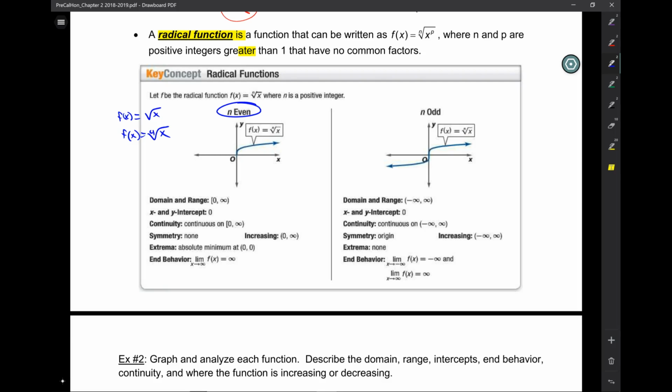Can it be 0? Yeah, it could be 0, but it can't be negative. That's why the domain is 0 to positive infinity, and so is the range. But if you have an odd root, cube root of x, fifth root of x, then you can have negatives, positives, and 0 in there. So the domain and range are both negative to positive infinity.